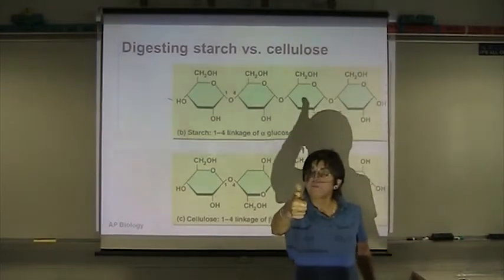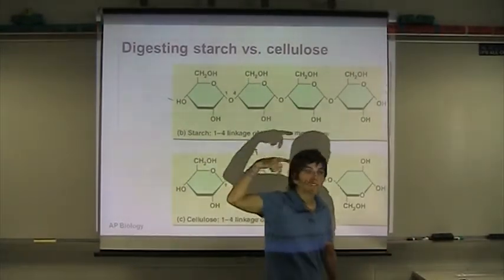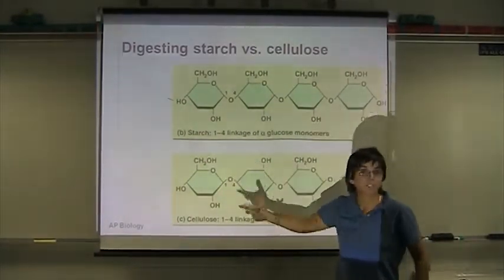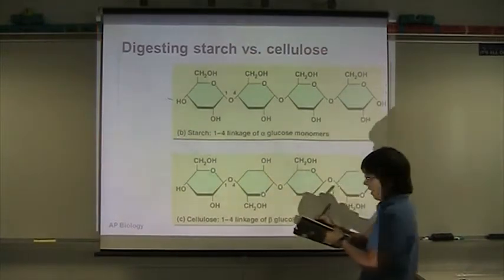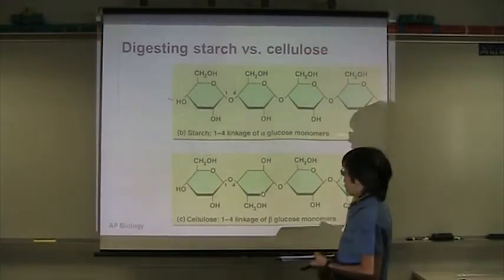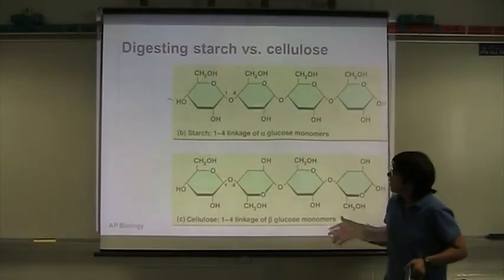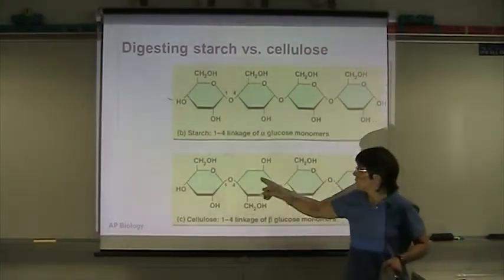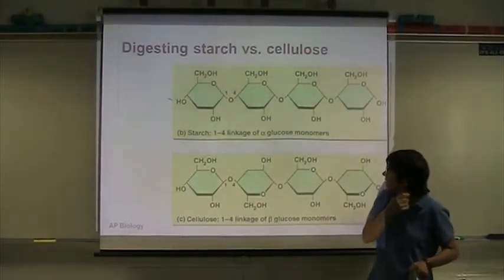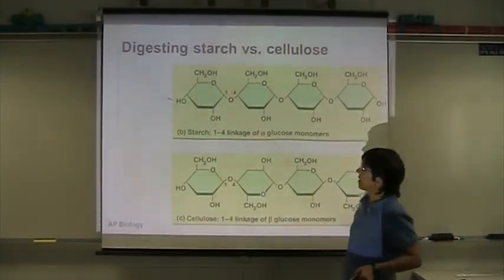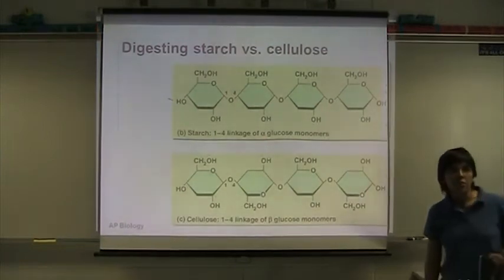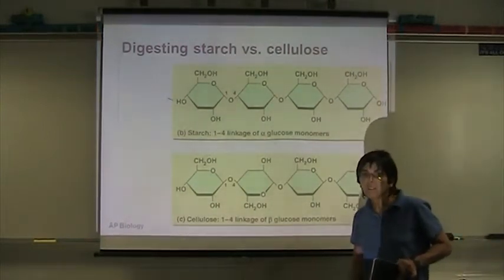Remember, starch is what you find in rice, in potatoes, corn has starch, any of those things. Wheat has starch. And cellulose is what we find in the cell wall of plants. Again, cellulose is also one glucose after another. Take a minute and compare these two and tell me what you notice different between starch and cellulose.